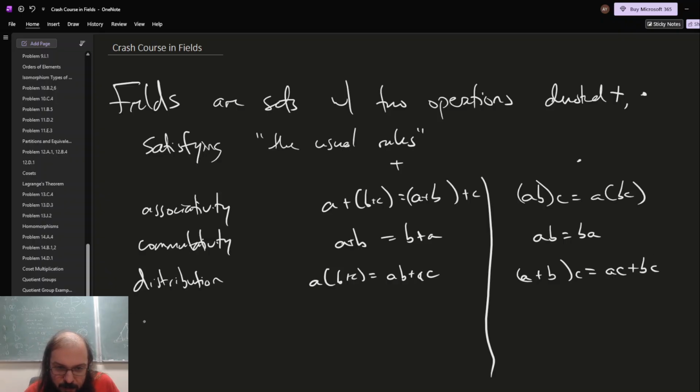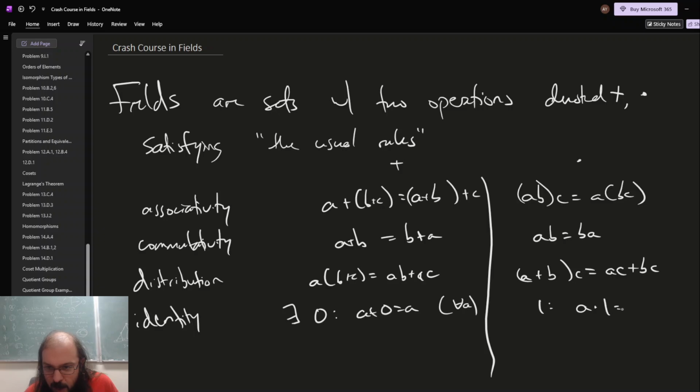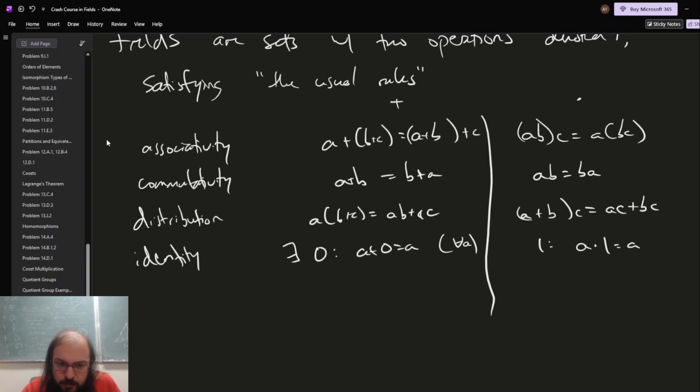And then we have identity elements. So there has to exist a 0, A plus 0 equals A for every A. And then analogously, there has to be a 1, A times 1 is A for every A.